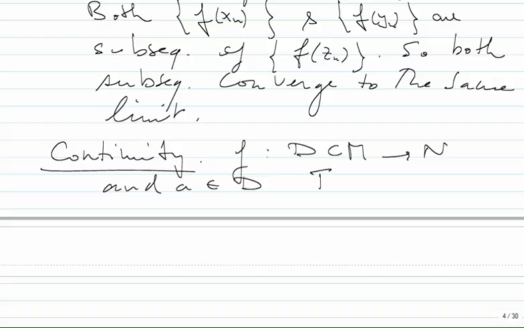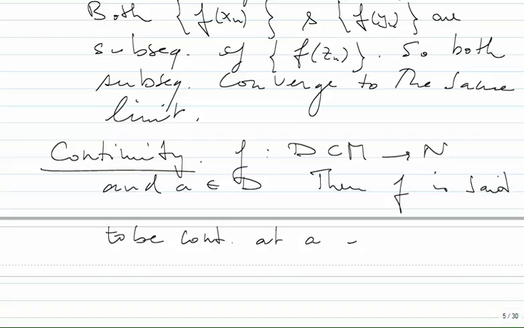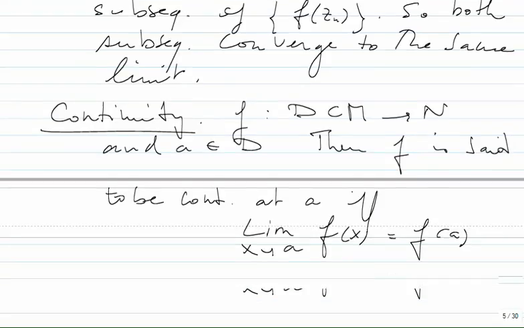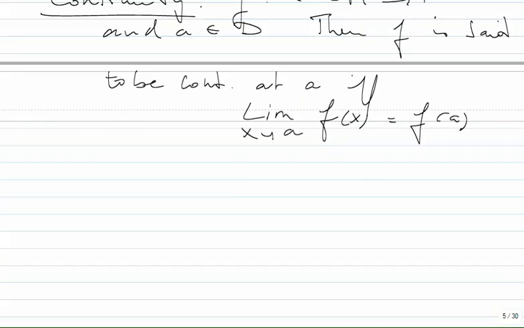Then f is said to be continuous at a if and only if the limit of f of x when x goes to a equals f of a. So for us to have that f of a, it means that a belongs to the domain. So this is the definition of continuity as we defined it before.